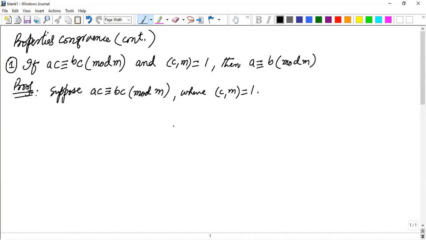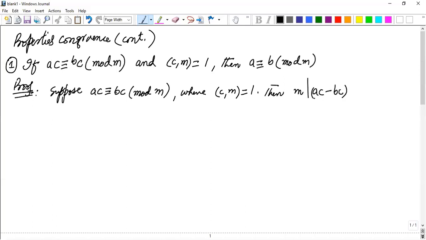This is given here. So we apply the definition of congruence. According to this definition, if AC is congruent to BC modulo M, it means M divides the difference between AC and BC. So M divides AC minus BC.